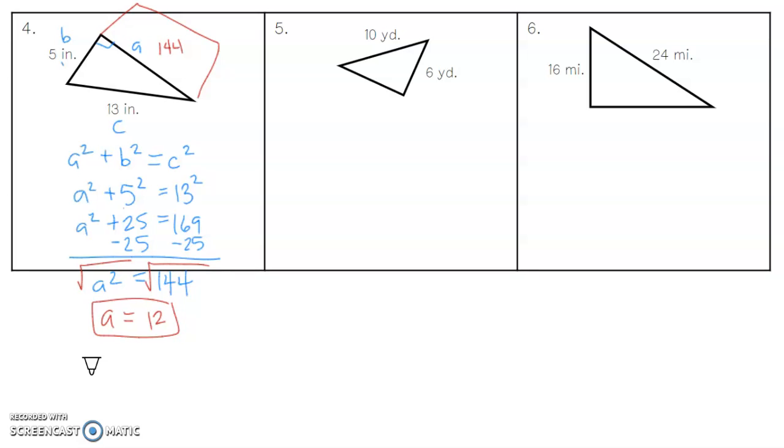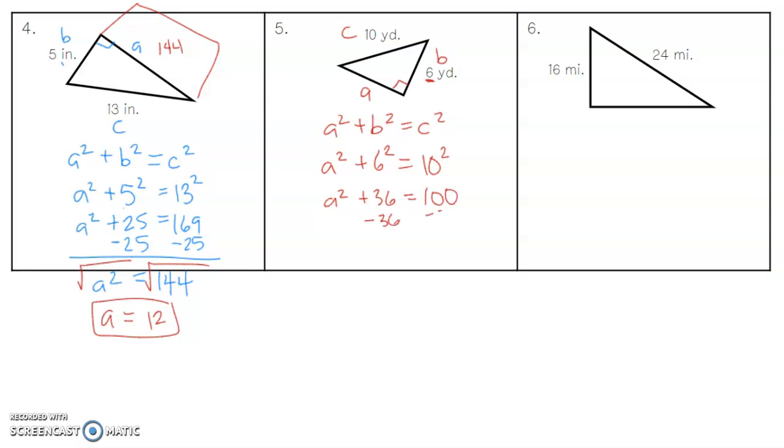All right, so let's do it again. So here's my right angle, okay? So I'm missing a side length, and I have the hypotenuse. So A squared plus B squared equals C squared. I'm going to say A squared plus 6 squared equals 10 squared. A squared plus 36 equals 100.